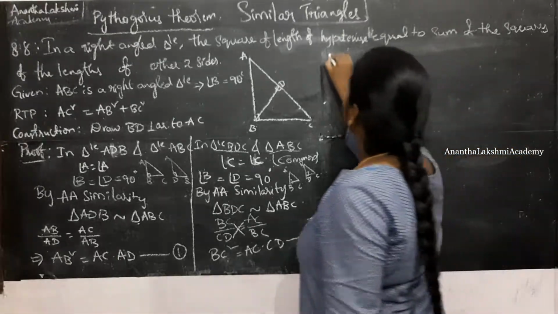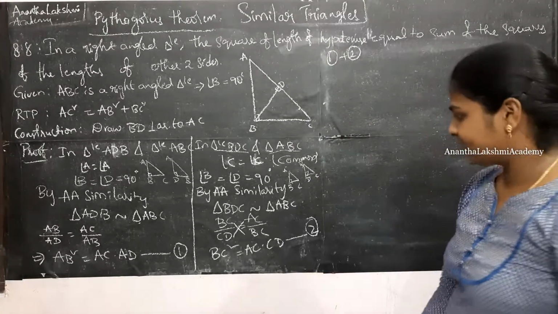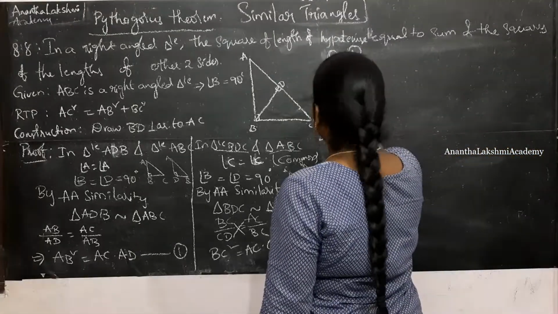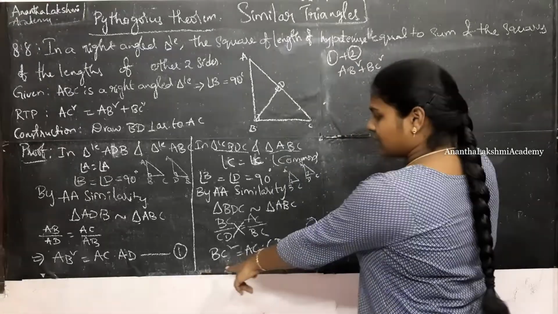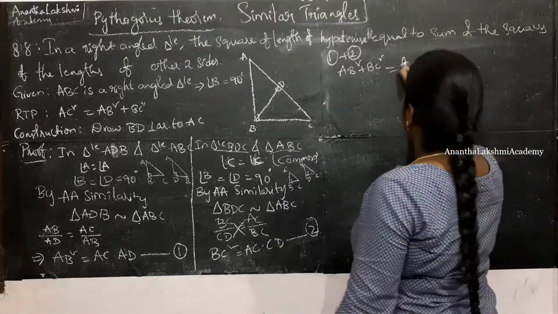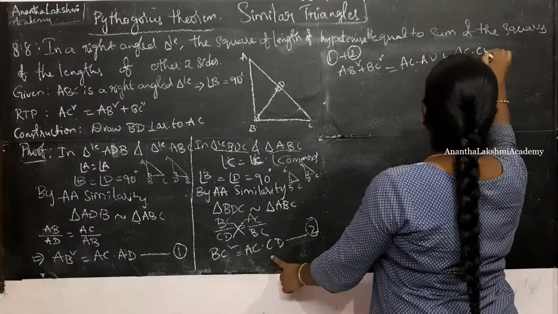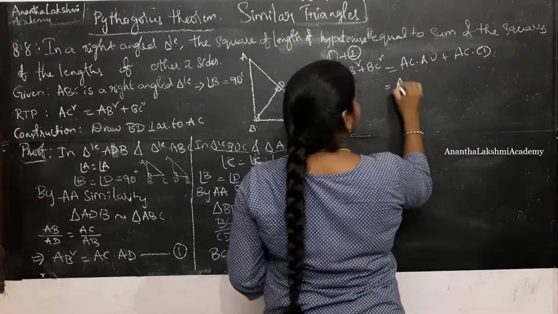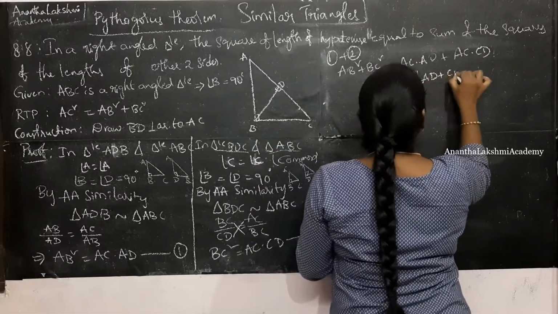So, what am I going to do? Adding equation 1 and equation 2, let us see what we get. AB square plus BC square is equal to AC into AD plus AC into CD. If we take AC outside, since this is common, we get AD plus CD.